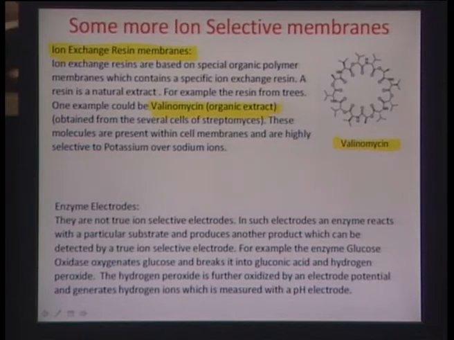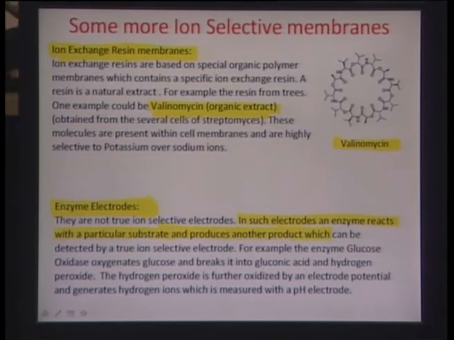Another type of ion exchange membrane is really the enzyme electrode, although these are more related to the overall selectivity for an analyte of interest. In such an electrode there is an enzyme which reacts to only a particular substrate. The whole purpose of sensing or detection is to detect one particular species over other competing species.